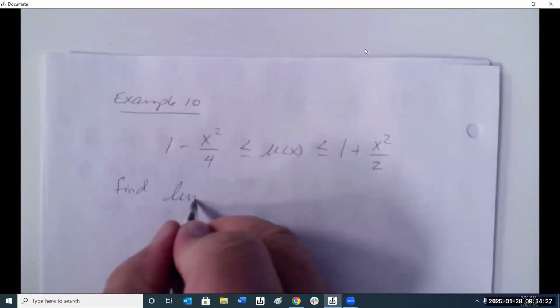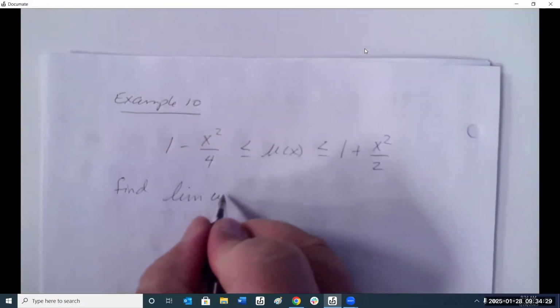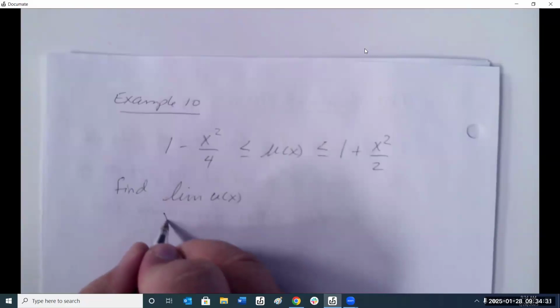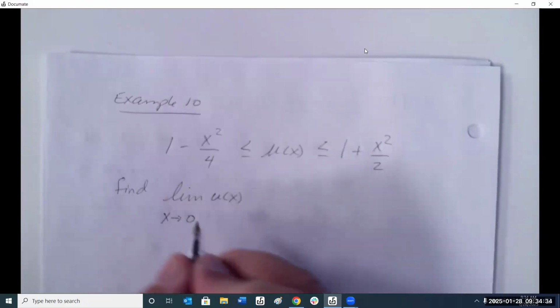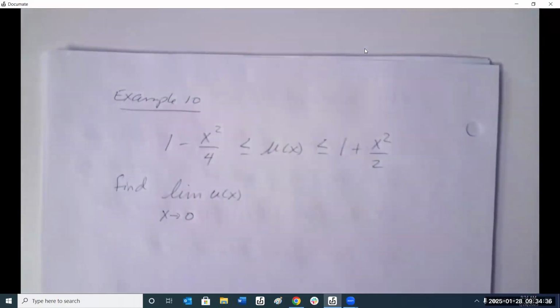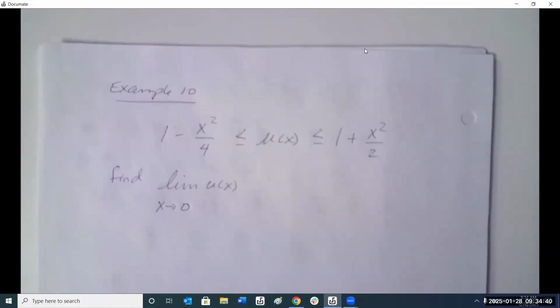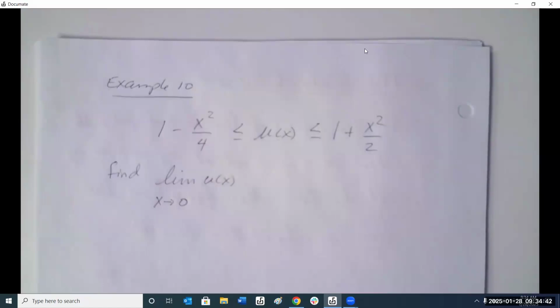Find the limit of u of x as x approaches 0. How do you think we're going to do this?